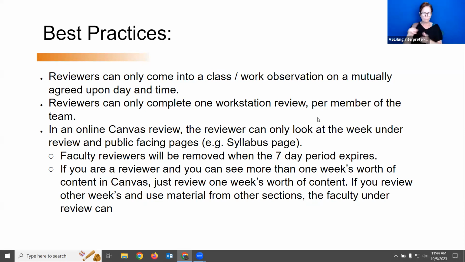So there's a question that Rebecca answered. Can reviewers make recommendations for department service or activities outside the classroom? That's a question that's pretty loaded. There's a lot going on there. Service is completely at the command of the faculty member.